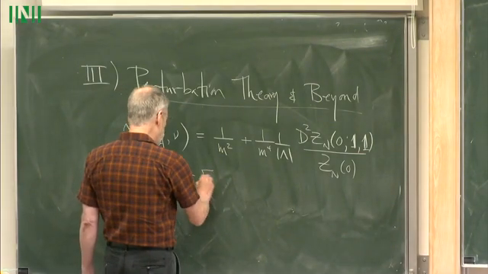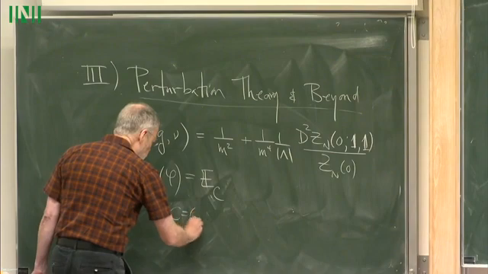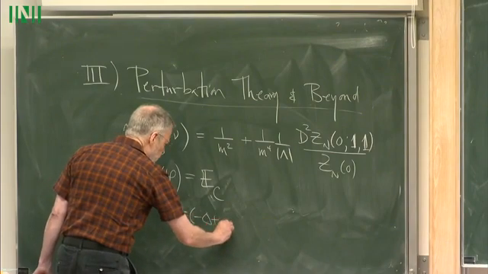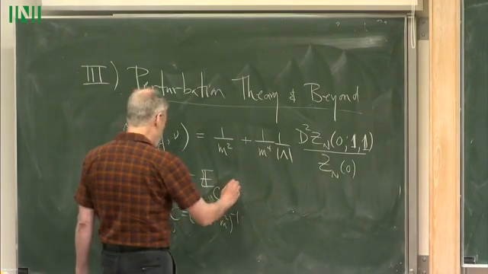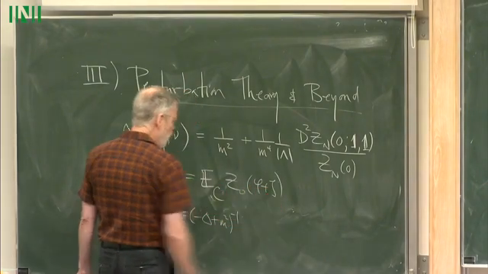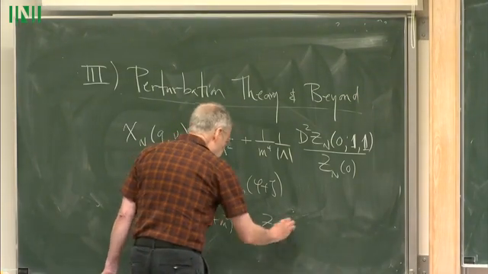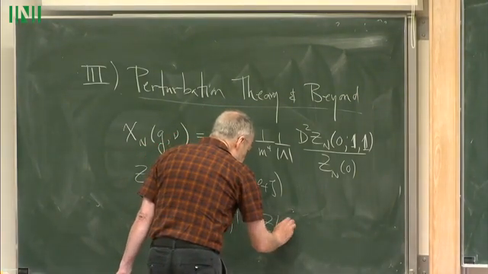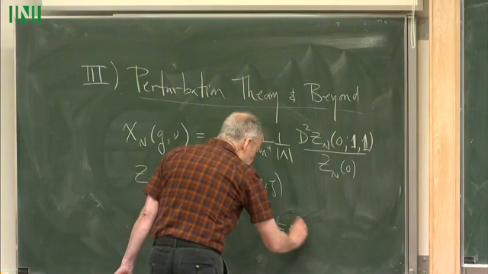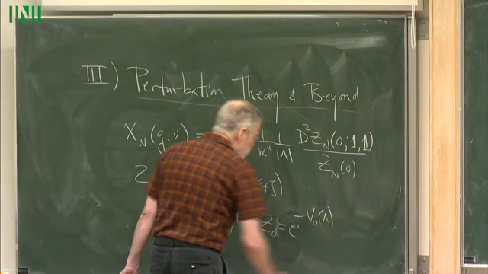And it was the expectation with respect to a Gaussian measure C, which has covariance minus Laplacian plus m squared inverse, of z0 of phi plus zeta, where z0 is just e to the minus v0 of lambda.